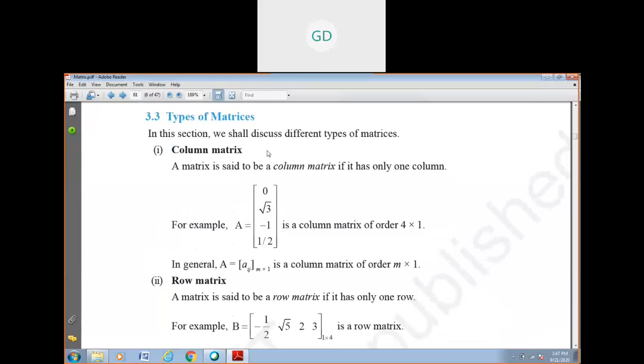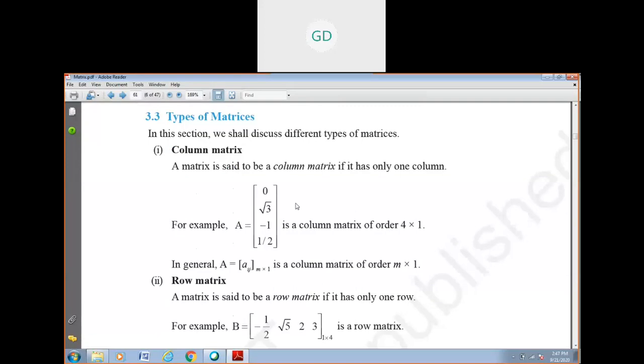Number one is the column matrix. A column matrix is an arrangement of elements within square or round brackets. Why is it a column matrix? Because there is only one column. That means a matrix is said to be a column matrix if it has one and only one column.